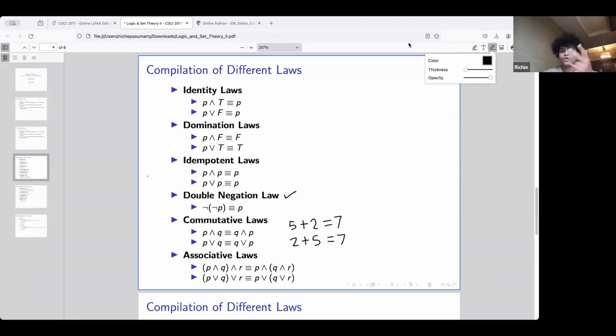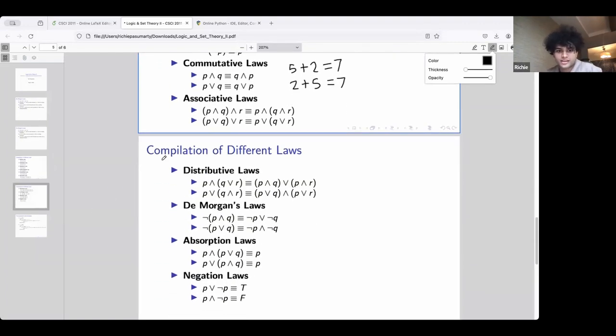So the actual order in which I add these numbers does not matter. In the same way, if I'm using this AND operator between two statements, the order in which I write the statements doesn't matter. And the same thing for the OR operator. The order in which I write the two statements does not matter.